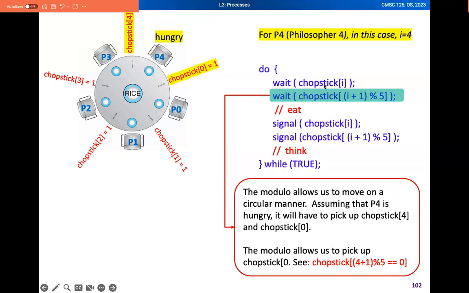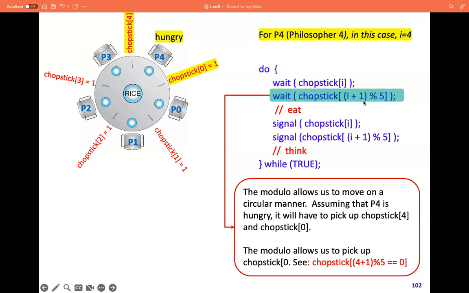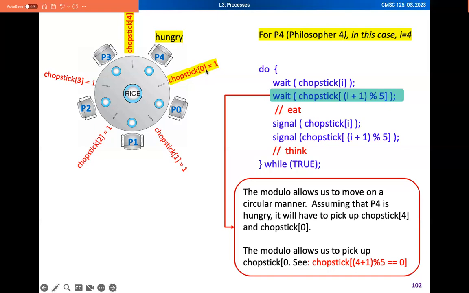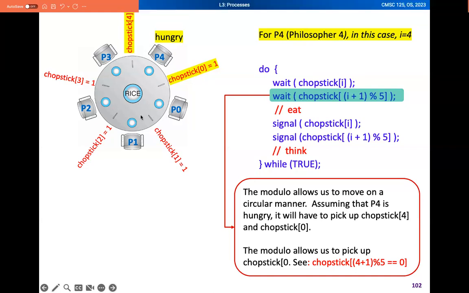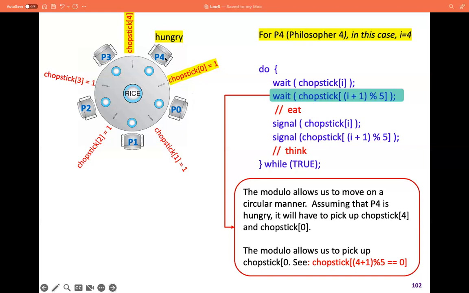If we just have the chopstick of I plus 1, this will result in chopstick of 5, right? But we don't have any chopstick of 5 since we only have a limited amount of chopsticks, and P4 is next to P0, so it needs to pick up the chopstick of 0.